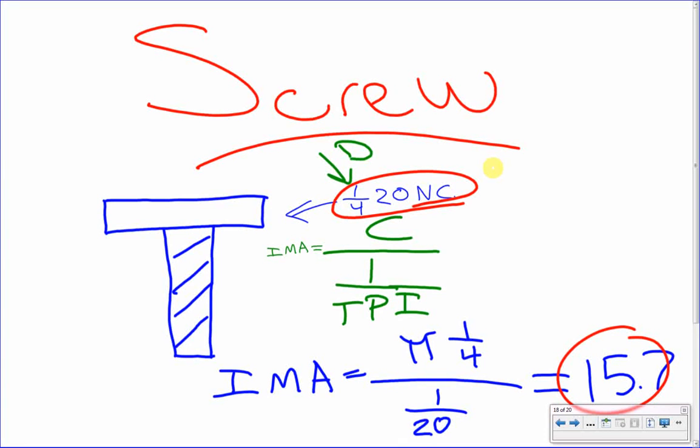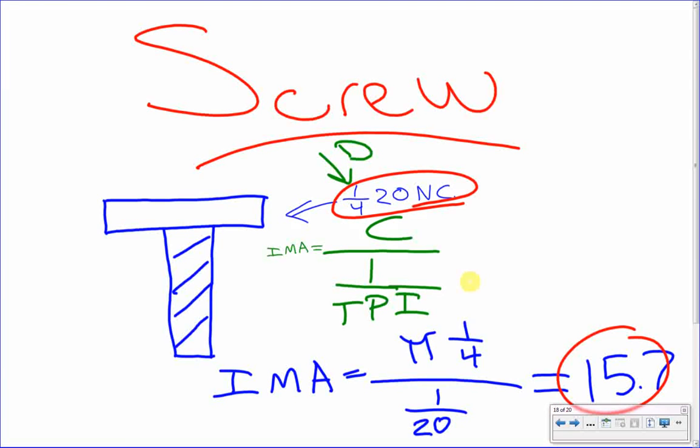Quarter 20 NC. Our equation is very different. Our equation for IMA is circumference, C stands for circumference, divided by 1 over TPI. IMA equals, don't forget that circumference is pi d.